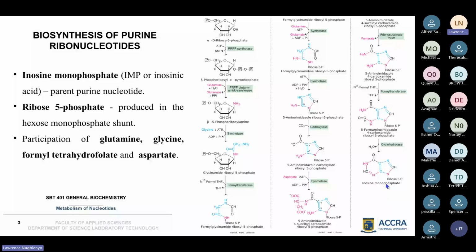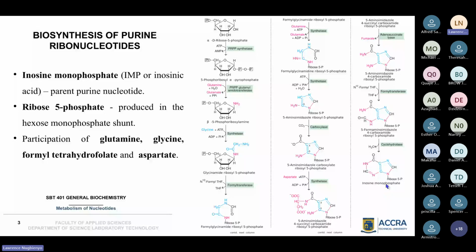That's folic acid. So here again, you see the use of folic acid in the synthesis of nucleotides, which will go into the synthesis of nucleic acids.